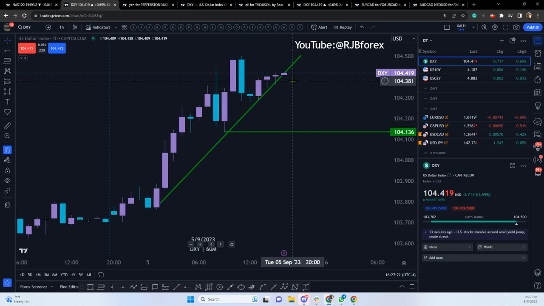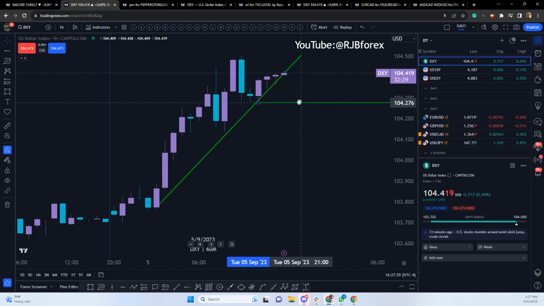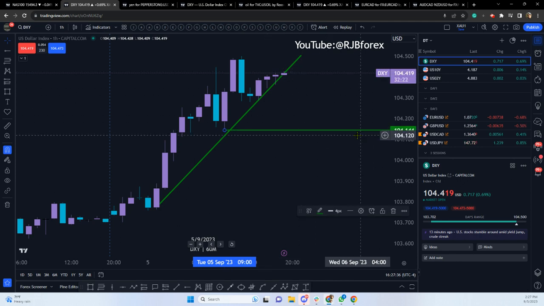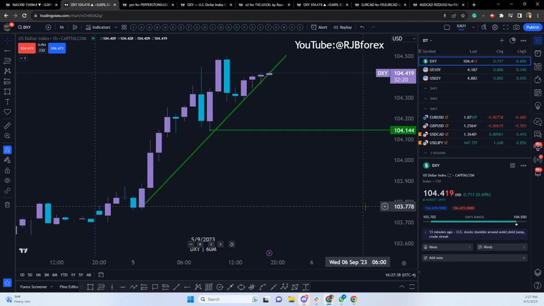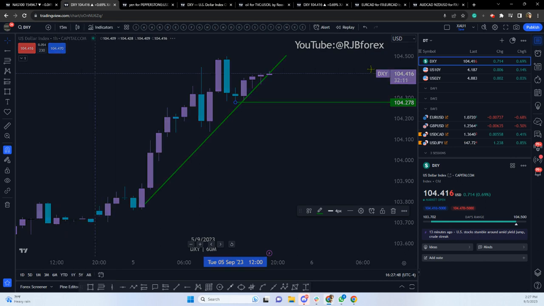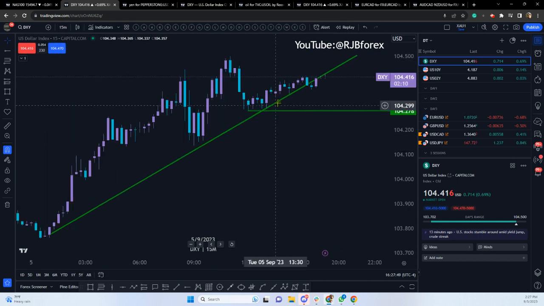Ideally, what I'd like to see is a move higher from here, and we could bring up our line in the sand, because we're going to have to wait some time for this to come down and break. We're getting less room to short into longs. So ideally, we want this market to continue going up a bit. However, we can come down to a 15-minute chart and start looking to see where was the lowest high before the highest high.